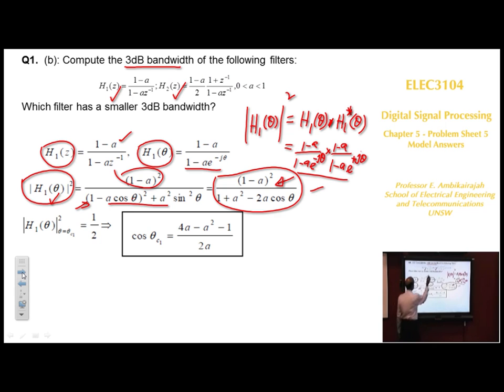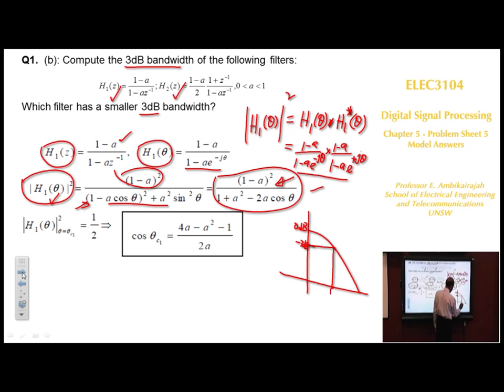Now 3 dB bandwidth, remember we learned that, whether it's a low pass or high pass. If you take the low pass filter, this is 0 dB, minus 3 dB is here. So the bandwidth means that frequency, θc, that's what we are trying to calculate. If you assume this is 1, this would be 1 over root 2, down.